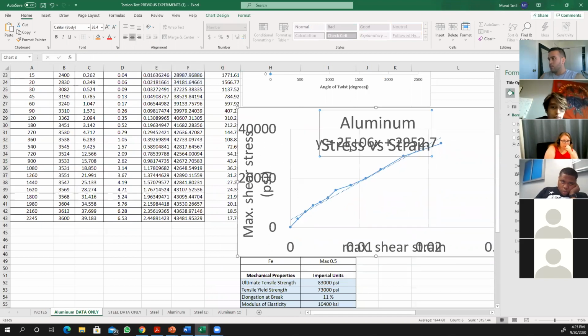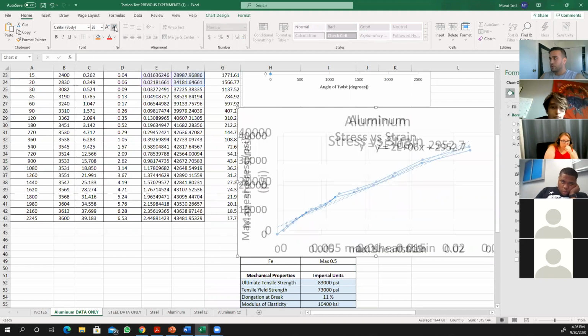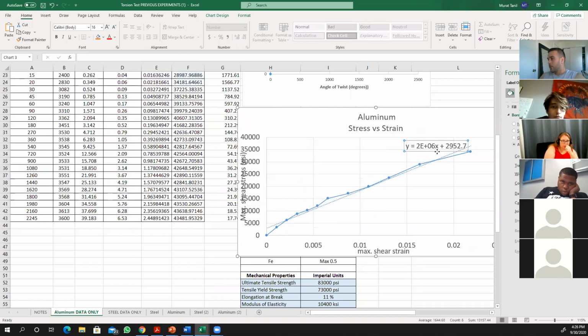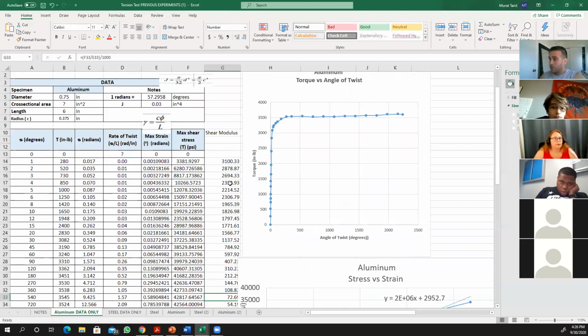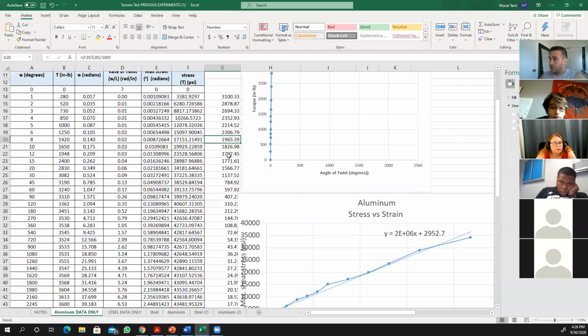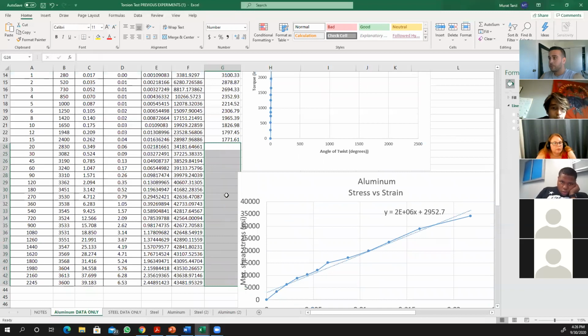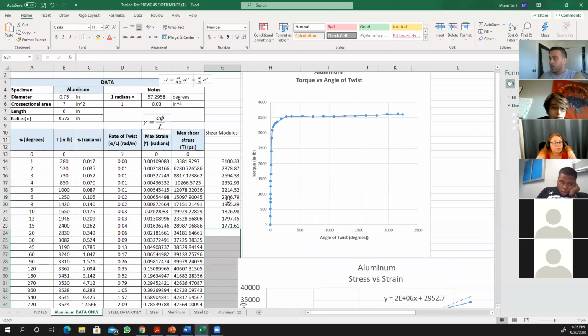So this equation is telling you the closest slope that you can get is 2 times 10 to the 6 plus 2952. So you can either use this equation and exclude these sections. I believe the elastic portion ends around here somewhere. You can get the average of these values. But the best way is to get the shear modulus from the graph.